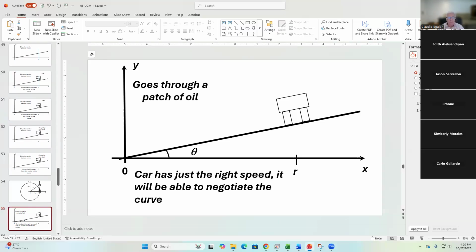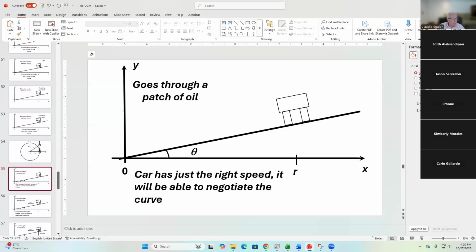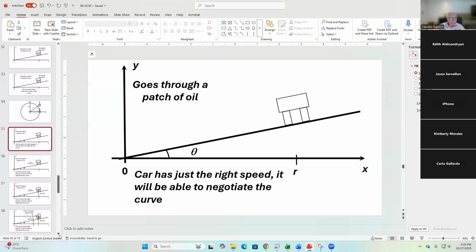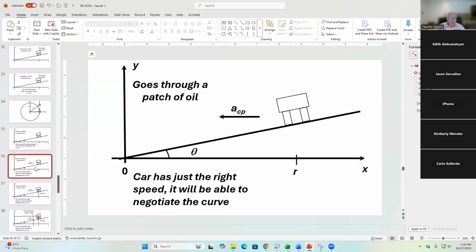There's the sweet spot, the right speed in which the car will be able to negotiate the banked curve safely. And we can calculate that using physics, okay? The situation is similar to that one before.